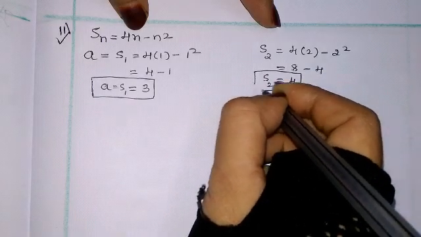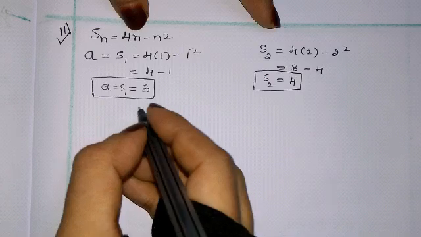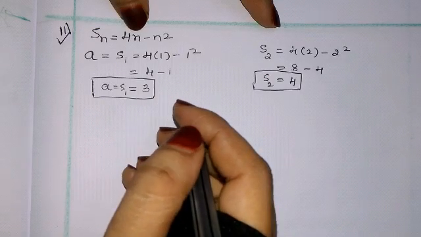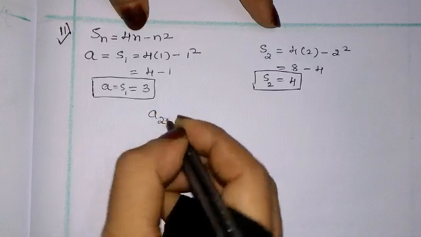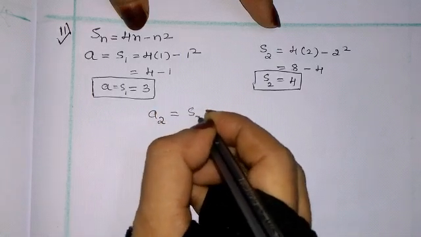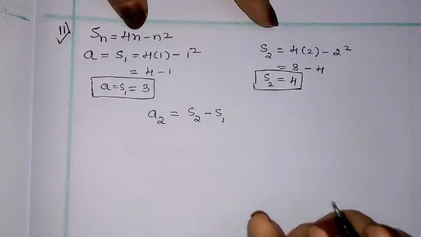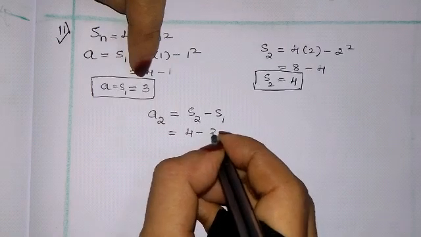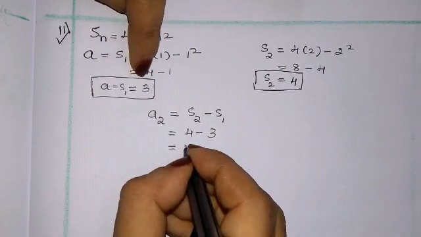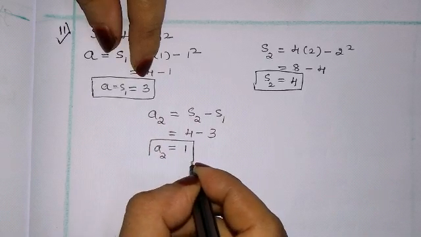Now they told us to find the second term. A2 is the second term. A2 is S2 minus S1. S2 is 4, minus S1 which is 3, and the second term is 1. What we got? Second term 1.